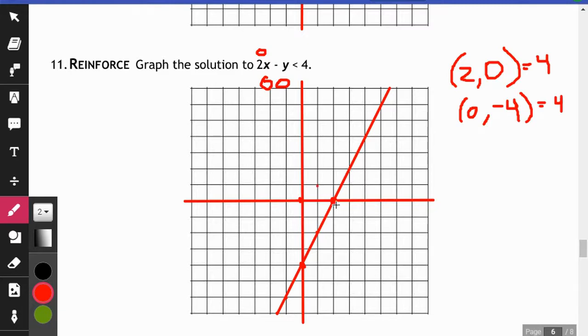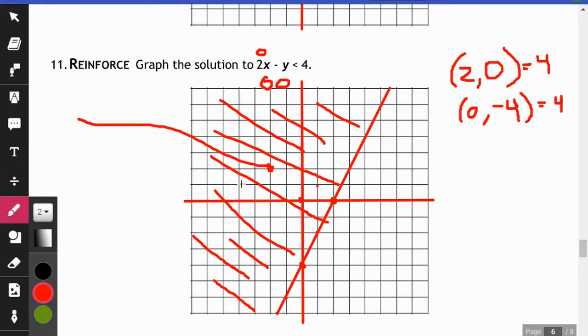So that would work. So everything on this side seems to work. So we fill in on this side and we're good. We found all of the x, y points that work. I can pick another one. I can pick any point on here at random. So like this point right here. We'll pick this point right here. That's the point -2, 2.